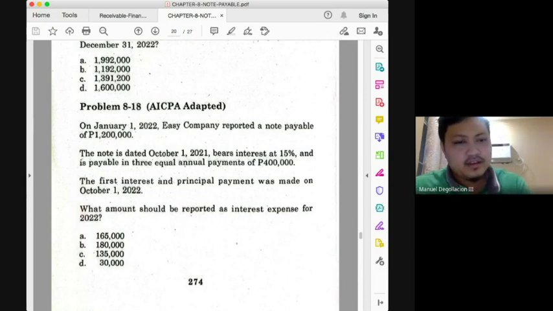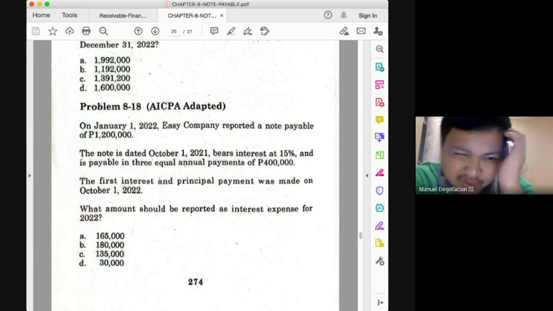And the question is what amount should be reported as interest expense for 2022? So this was for January 1, 2022. The note is dated October. And then the first, so this is very similar to the other problems we have solved. What amount should be reported as interest expense for 2022?